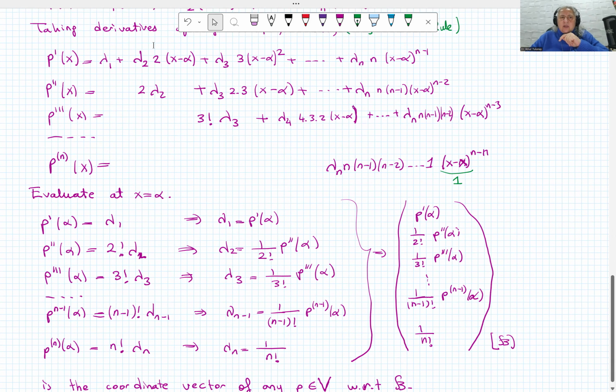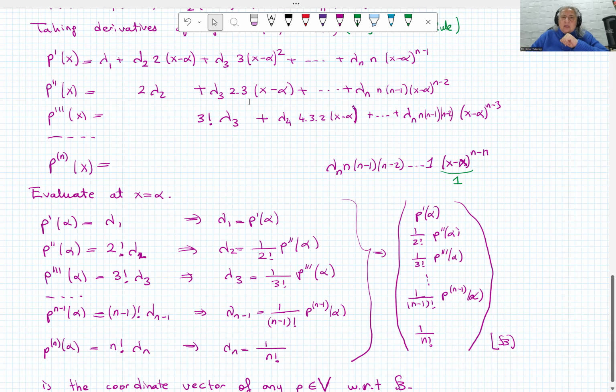All this is 0, then I have lambda 1, so lambda 1 will be just the first derivative. If we put x equal to alpha here, then all will be gone and I will have 2 factorial lambda 2. 2 factorial is basically 2, but I would like to write it down as a pattern. So lambda 1 is the first derivative, and lambda 2 will be 1 over 2 factorial times the second derivative evaluated at alpha.